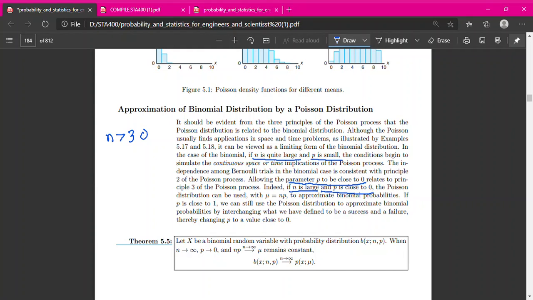Kalau nak gunakan Poisson distribution, okay, I tulis dulu untuk binomial. Binomial parameternya n dan p. Tapi untuk Poisson, okay, I tulis kat sini bila n more than 30, p close to 0, then binomial tadi akan approximate kepada Poisson. Parameter untuk Poisson adalah lambda ataupun its mean, right? So sekarang kita kena dapatkan value mean kat sini untuk nak guna Poisson distribution.